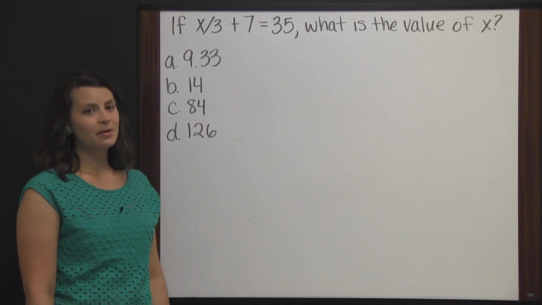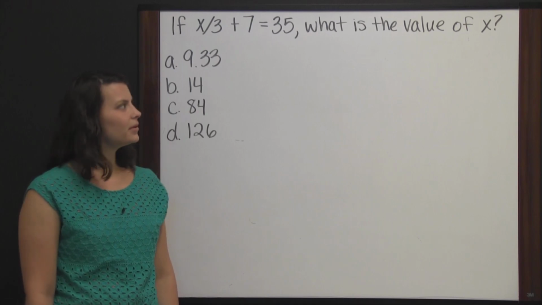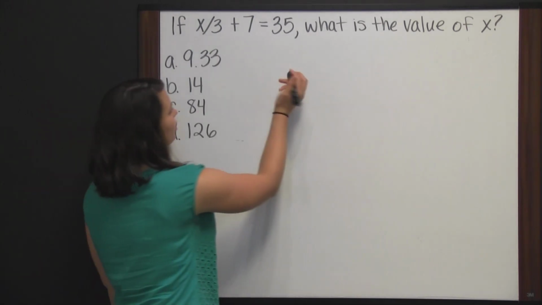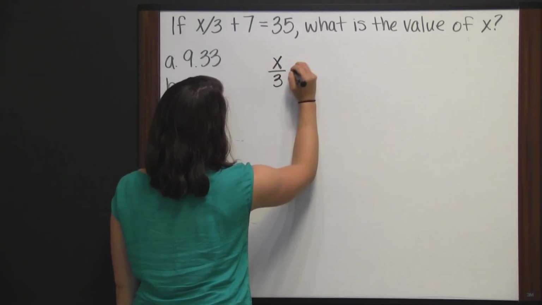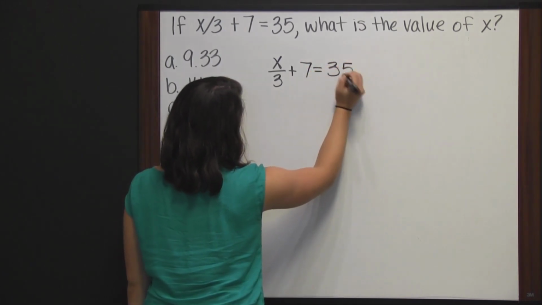If x divided by 3 plus 7 equals 35, what is the value of x? I'm going to start by writing this problem. X divided by 3 plus 7 equals 35.